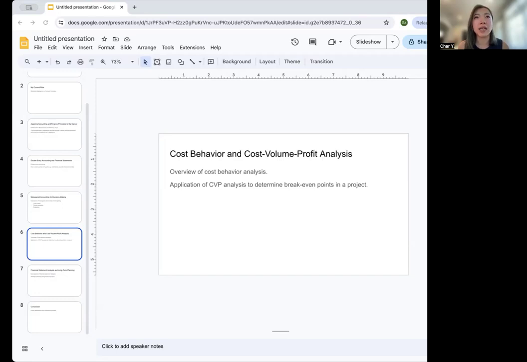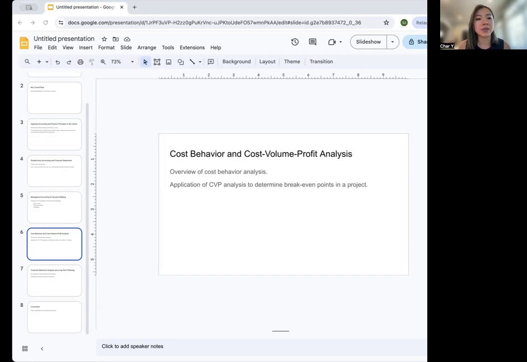That way we can see how we might need to lower our fixed costs by, for example, changing a vendor to ensure long-term profitability. Another thing is the break-even analysis, because that will help us determine the minimum sales required to cover cost. This is also crucial for setting the sales targets and pricing strategies.